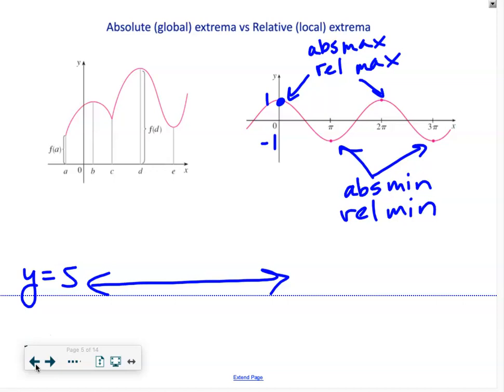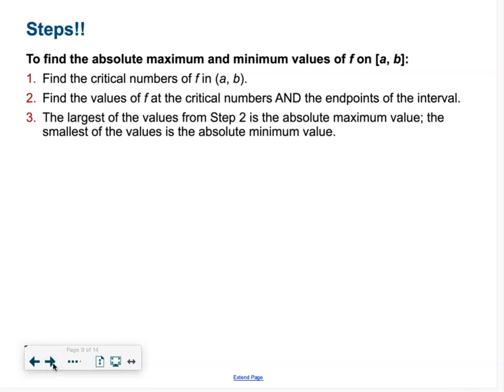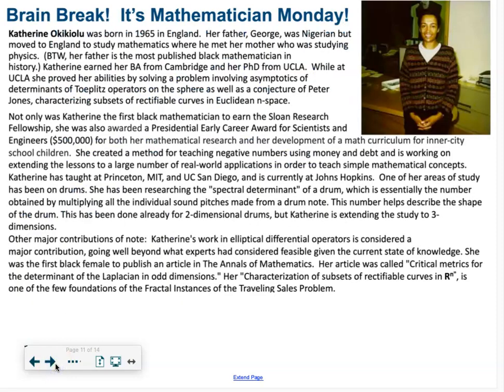So we find our critical numbers, and then we test by plugging in, just find the y values at the critical numbers and the endpoints. Since every max has to occur at one of those, whatever the biggest number is has to be your max, right? Whatever the smallest number is has to be your min. So critical numbers are where the derivative is what or what? 0 or undefined. Critical numbers are where the derivative is 0 or undefined.